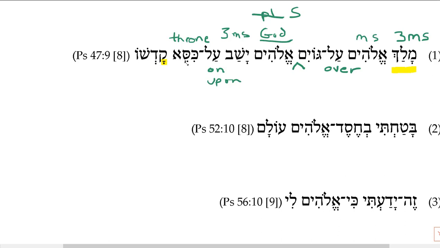Now this is actually going to be interesting. This is a construct that goes together with this. This is a construct chain. We have holiness, and then we have the 3ms pronominal suffix on the end. So it becomes kodsho.